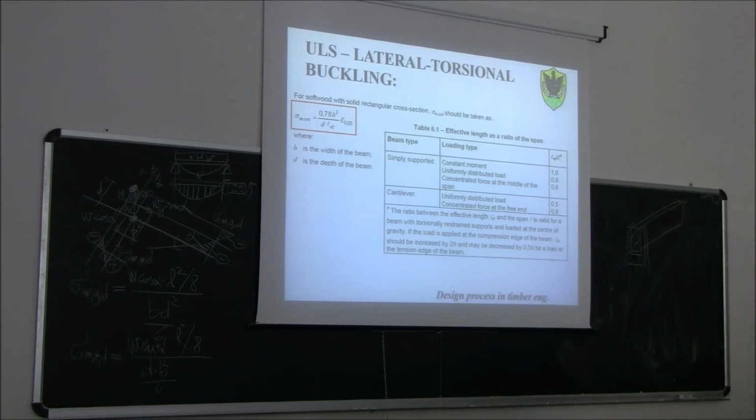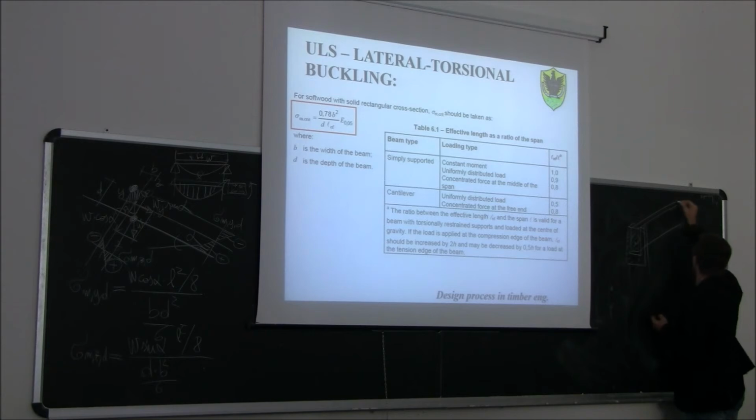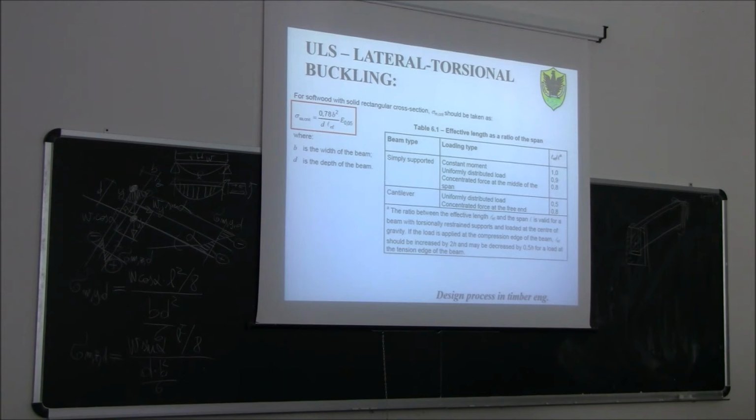So these formulas here are true if you have two restraints like this at its ends. You have to have those two torsional restraints. And second, loaded at the center of gravity.